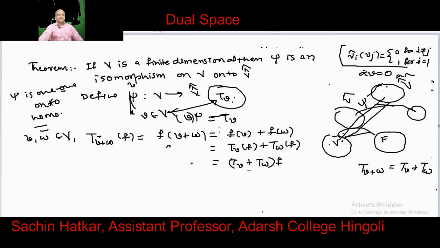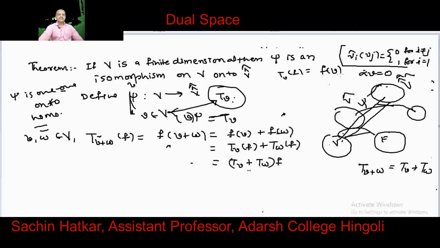Here f is a mapping on the vector space V, therefore f of (v plus w) equals f of v plus f of w, and f of v means T_v of f by definition of the mapping T_v. What is the definition of the mapping T_v? T_v of f equals f of v.